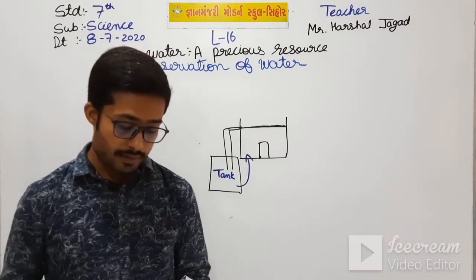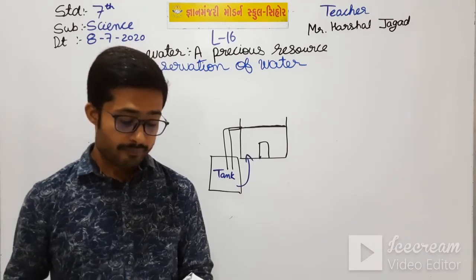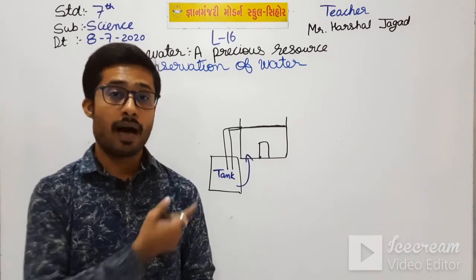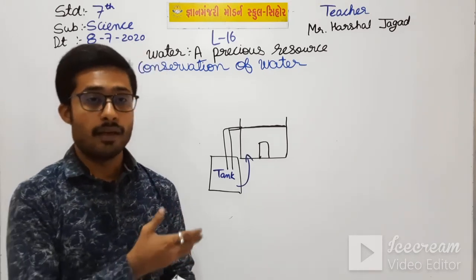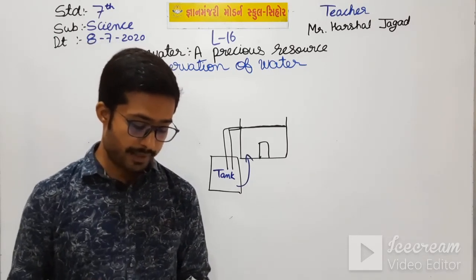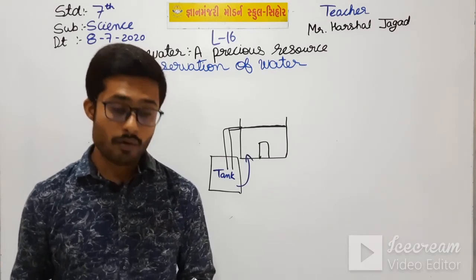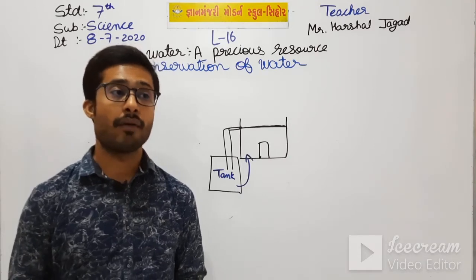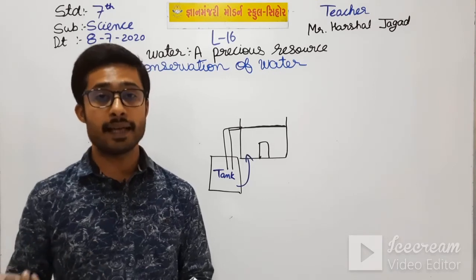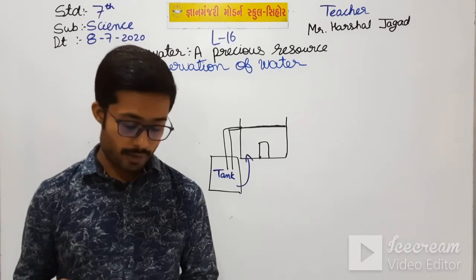A large amount of water can be saved by improving methods of irrigation. Several modern methods such as the drip irrigation method should be implemented. I told you about that just two minutes ago. Farmers should also avoid planting water-intensive crops in water-scarce areas. It means farmers should not grow plants that need more water in areas where there is scarcity of water.